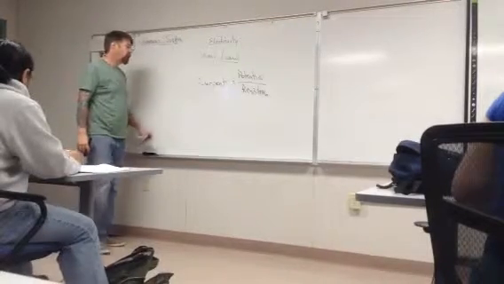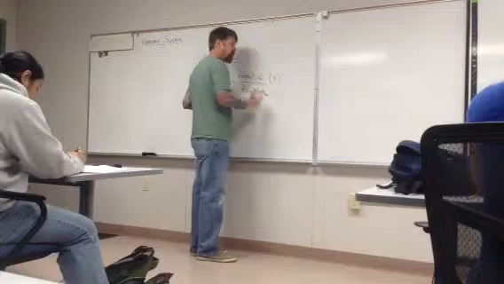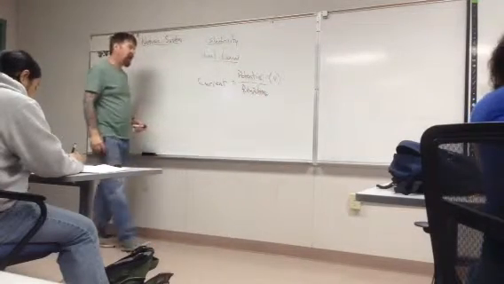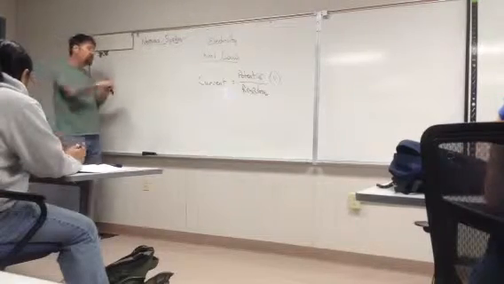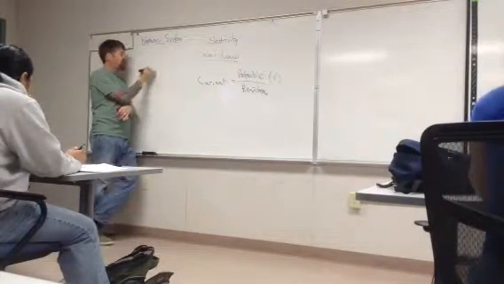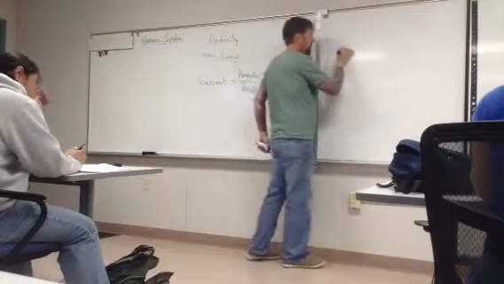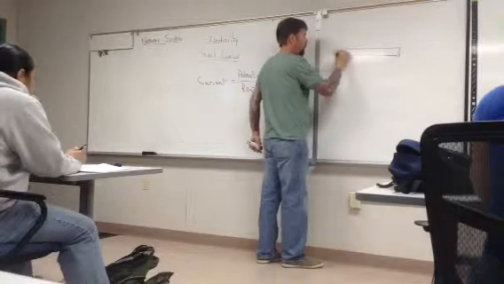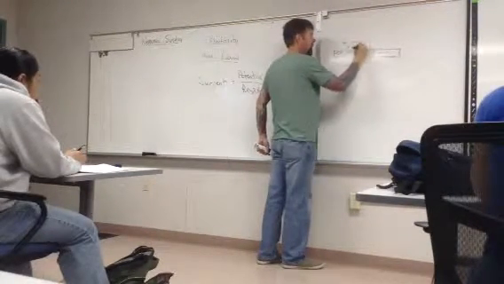Now, potential is measured in units of volts. Okay. And with regard to an electrochemical gradient, what provides the potential is when you have some kind of barrier, and you separate charges of opposite sign.